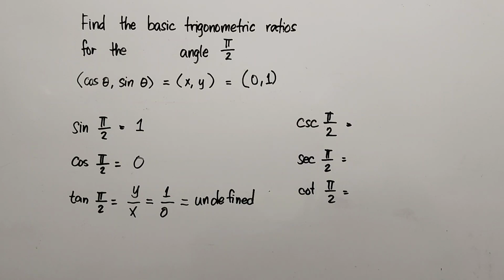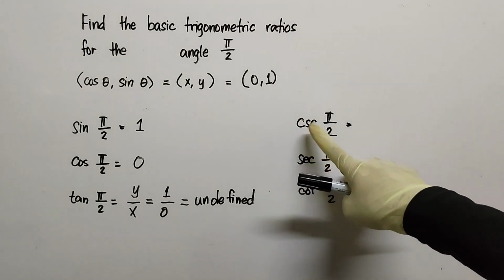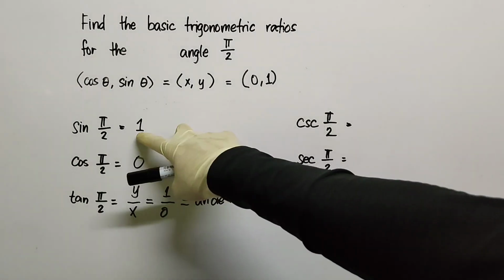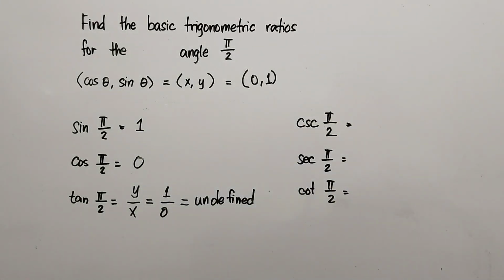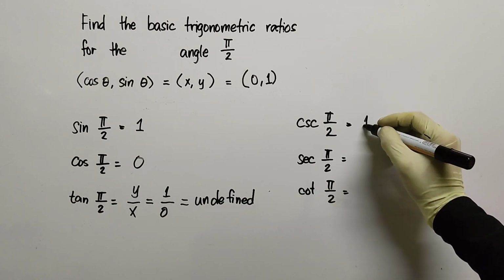And for our inverses, the cosecant pi over 2 is the inverse of the sine. The denominator here is 1. Therefore, in getting the reciprocal, 1 over 1 is still the same 1 over 1. So the cosecant pi over 2 is 1.